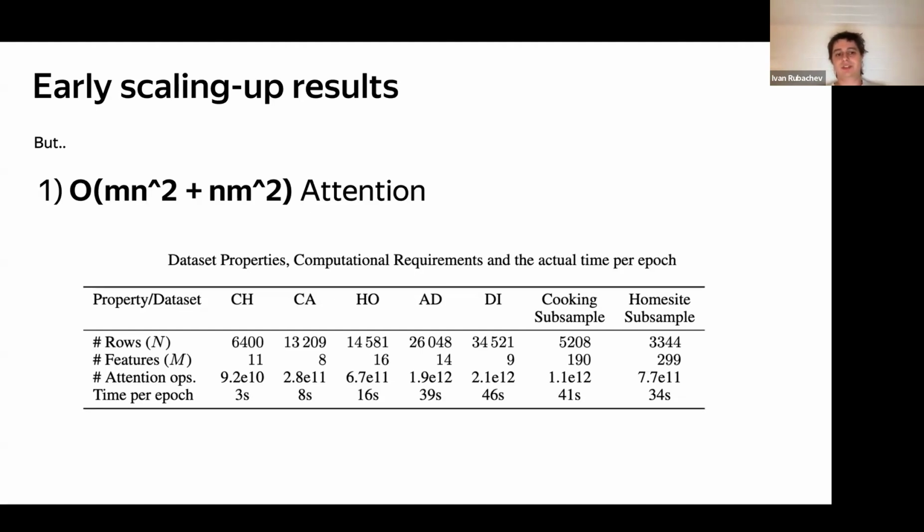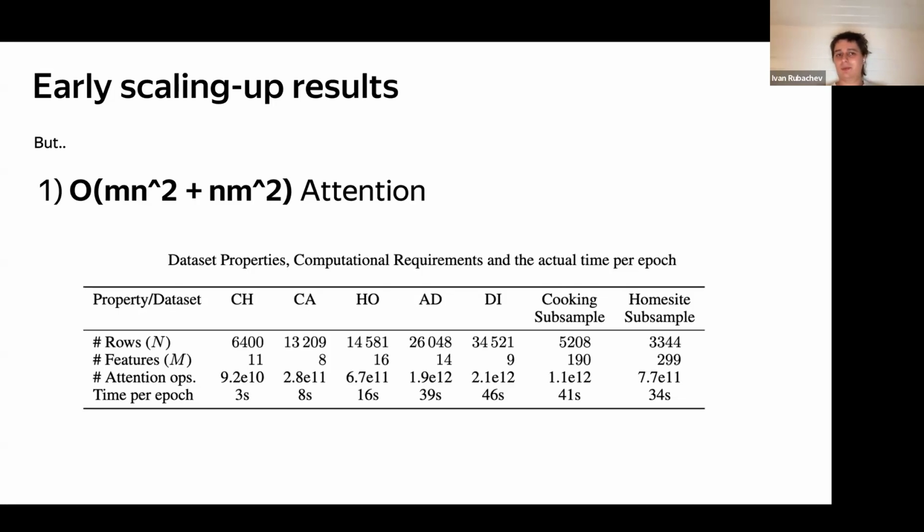And here we basically compute the attention operations, and it nicely corresponds to the actual runtime during model fine-tuning. And as we've seen before, fine-tuning is actually crucial to achieving state-of-the-art performance. And when we go to real-world dataset sizes in millions of samples, it quickly becomes infeasible and requires more engineering and ideas.